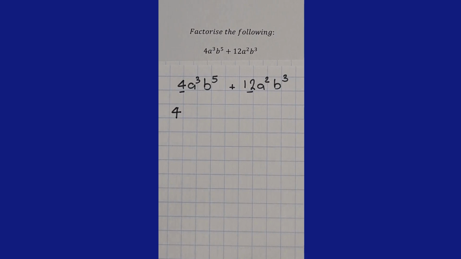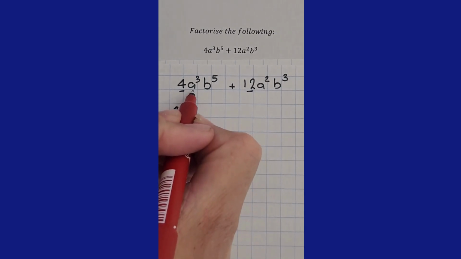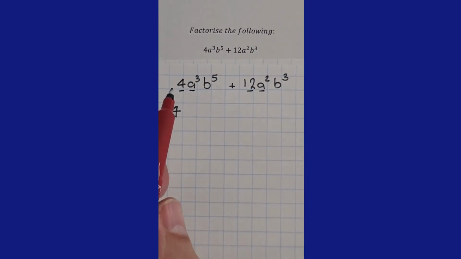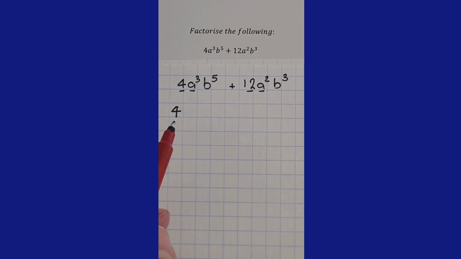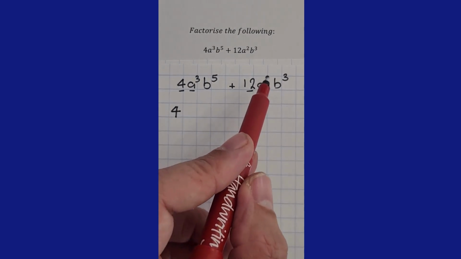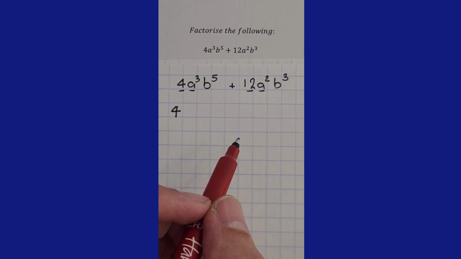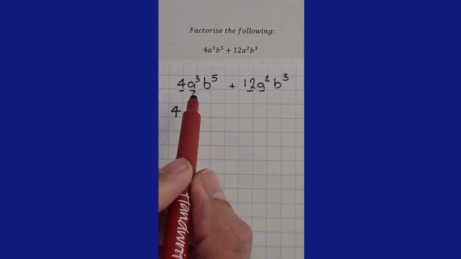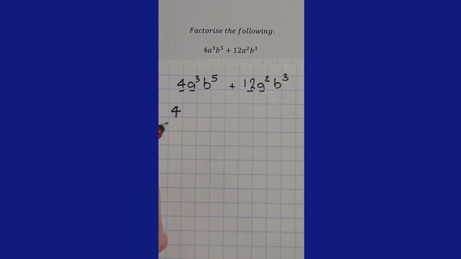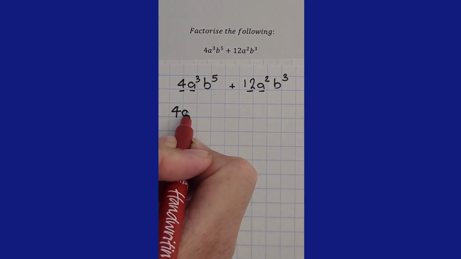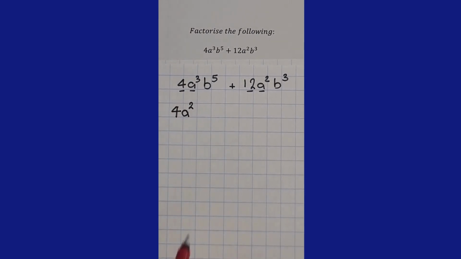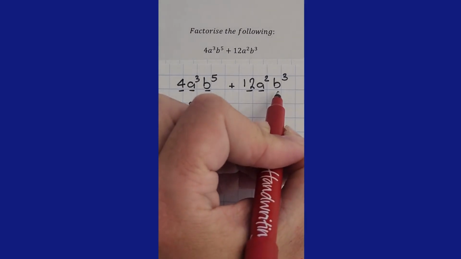We'll then look at any common letters they might share. So I can see here I've got A's, which is great. So I've got A cubed, which means A times A times A. And over here I've got A squared, which means A times A. So I can take out A times A from both of those because they both contain A squared. So I can take out an A squared. I'll then look at B's.